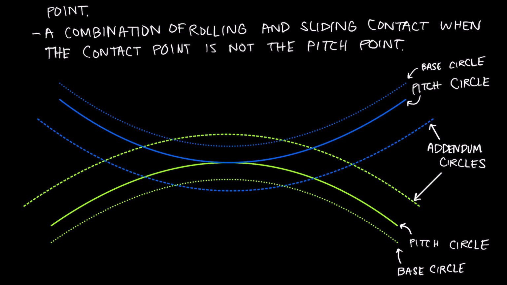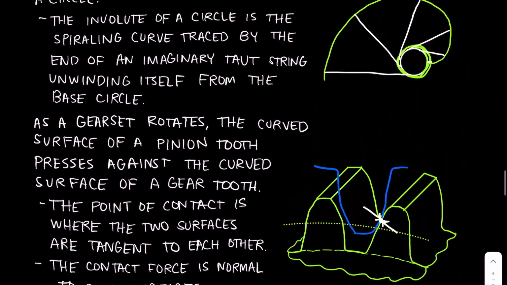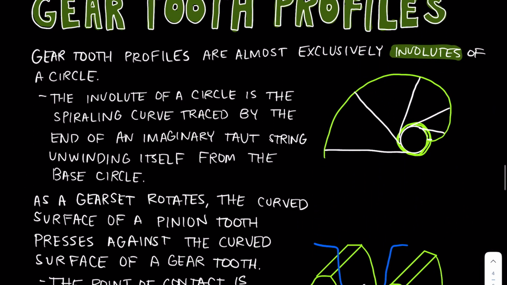Okay, so as a little bit of a review before we move on with this drawing, remember that the base circle is the circle that our circle involute is drawn from. So if you go back, and I'll even scroll up, look at the profile of a circle involute, which is how most gear teeth are shaped.